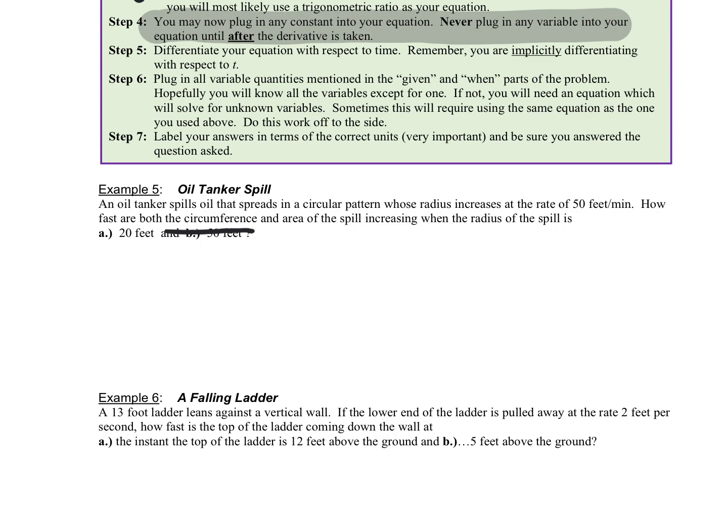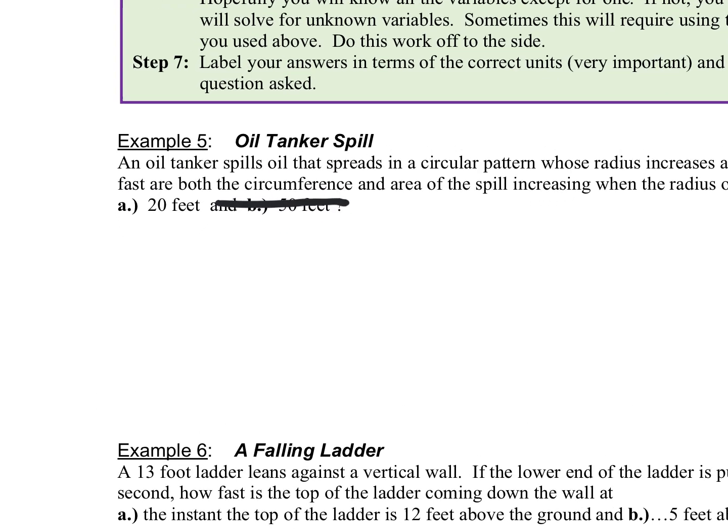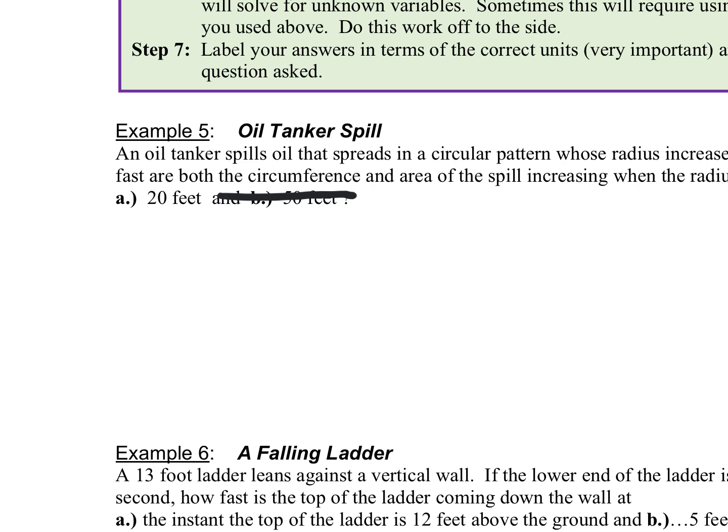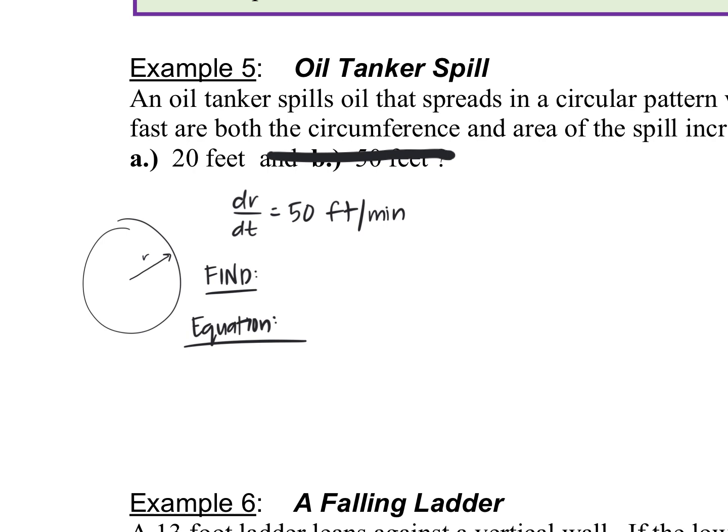Okay, I want you guys to start out, draw yourself a picture of what you think this would look like, and try labeling the information that you would know. When you've done that, go ahead and unpause the video and check to make sure that you have what I have. So hopefully you drew a circle. It is going to increase outwards in a circular pattern, so it's only going to continue to get bigger.